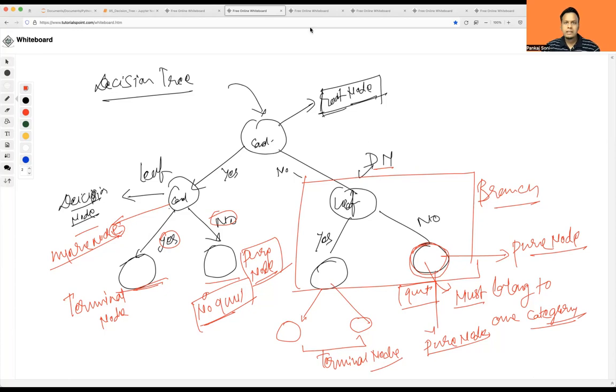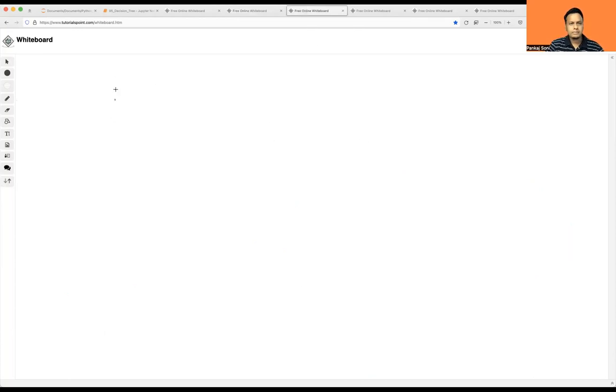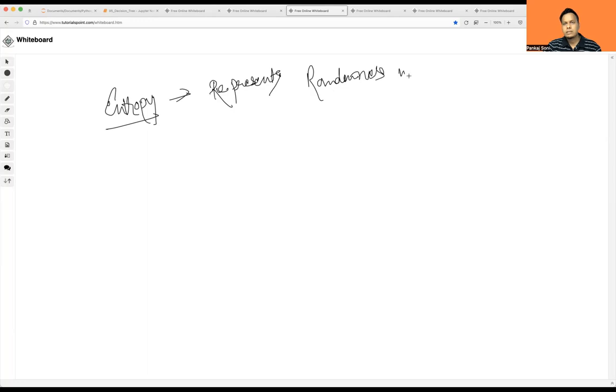Now we have another terminology called entropy. What is this entropy basically? In the data it represents how random your data is, or randomness in a data set.